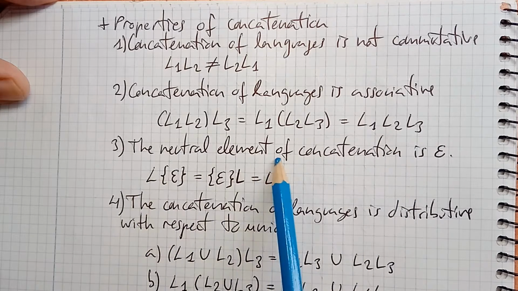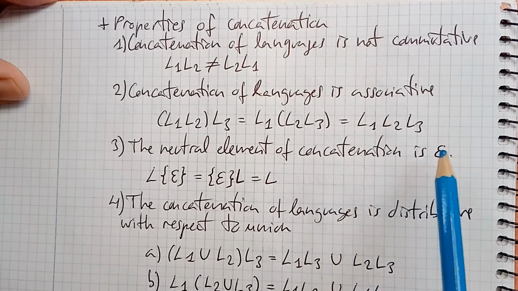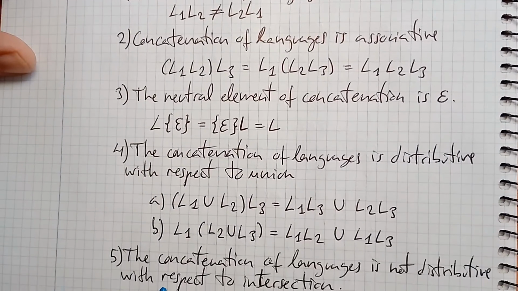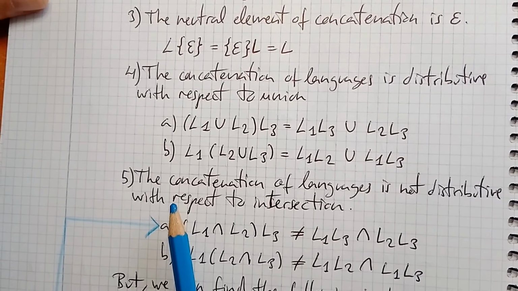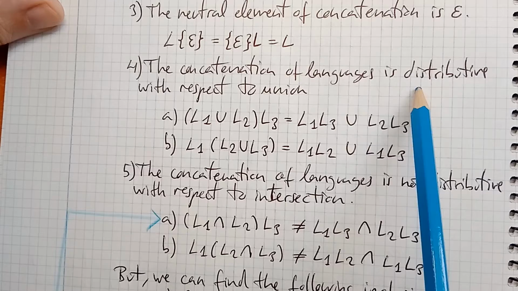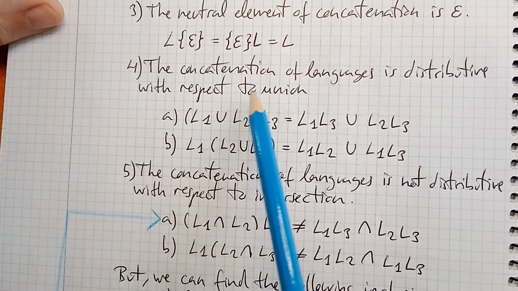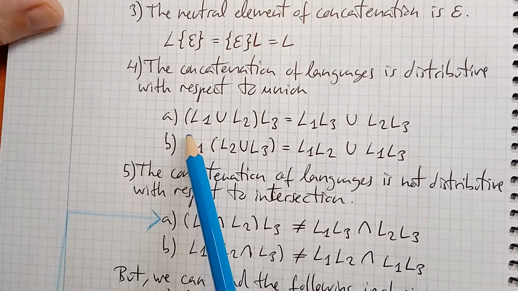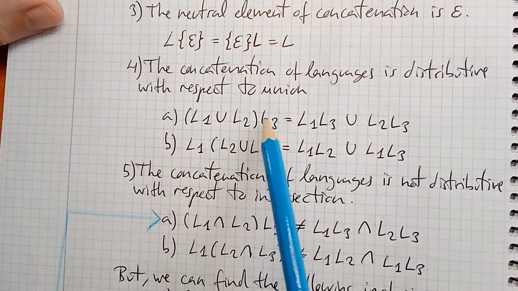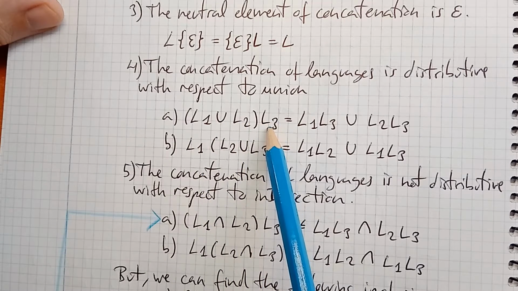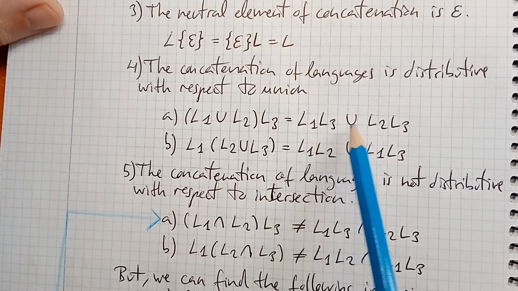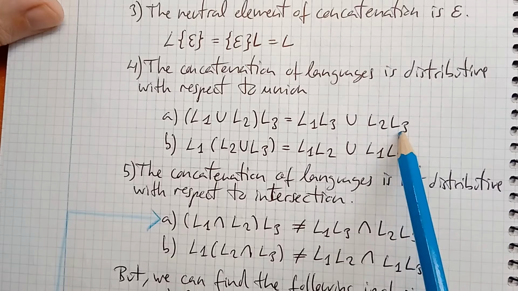The neutral element of concatenation is epsilon. And the concatenation of languages is distributive with respect to union. So the union of L1, L2 concatenated with L3 is equal to the concatenation of L1 L3 union L2 L3.